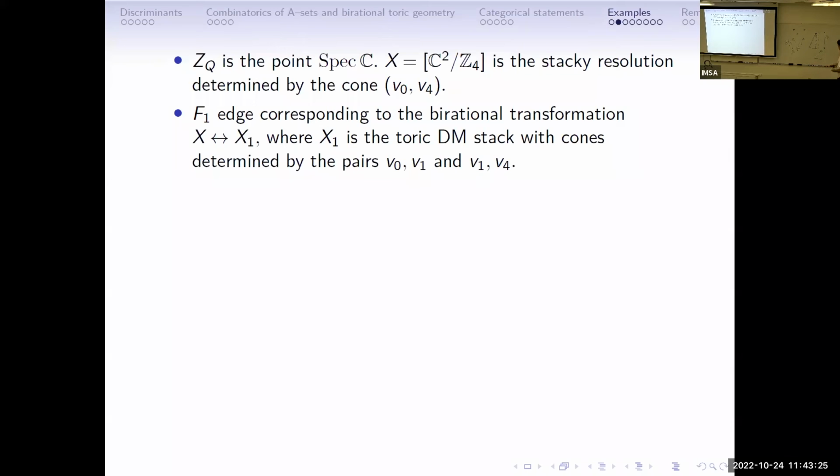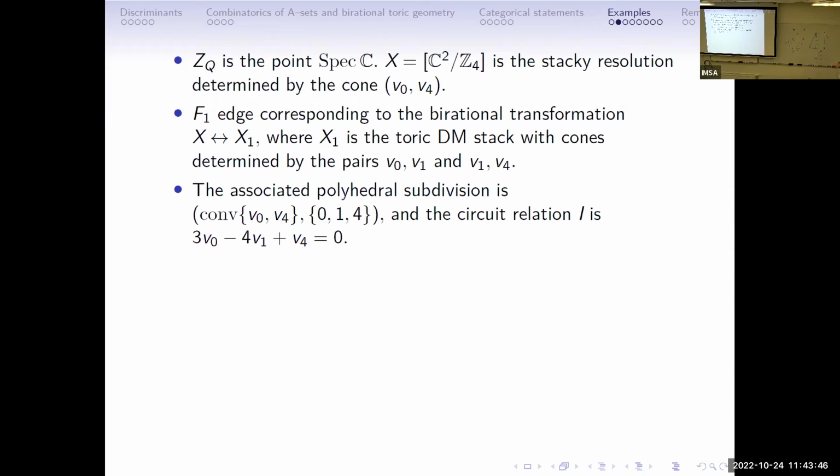And for example, if we try to connect this to this triangulation or this stacky structure, there is an edge. We know this. There is an edge in the secondary polytope capturing that picture.